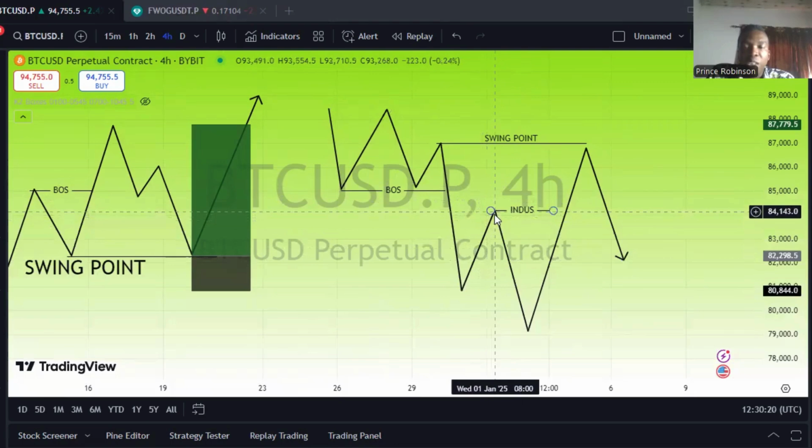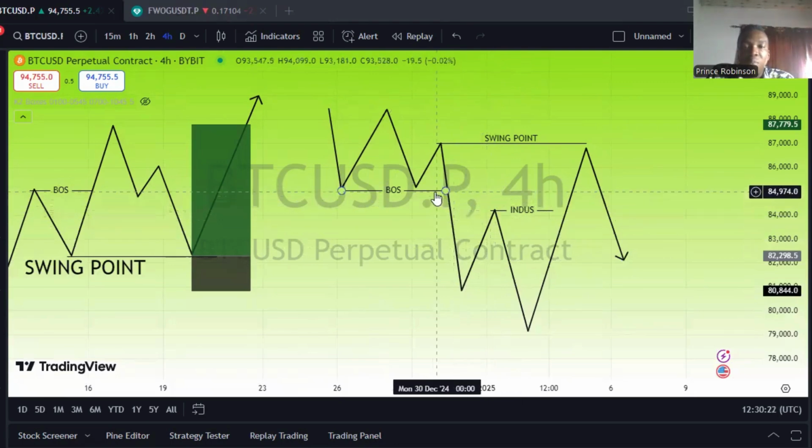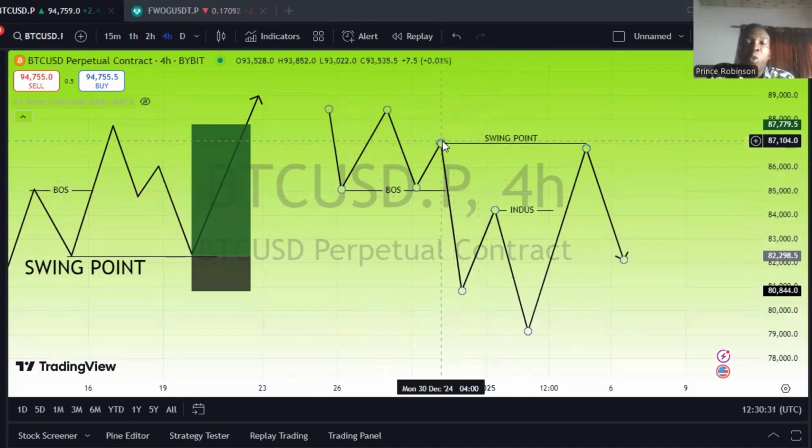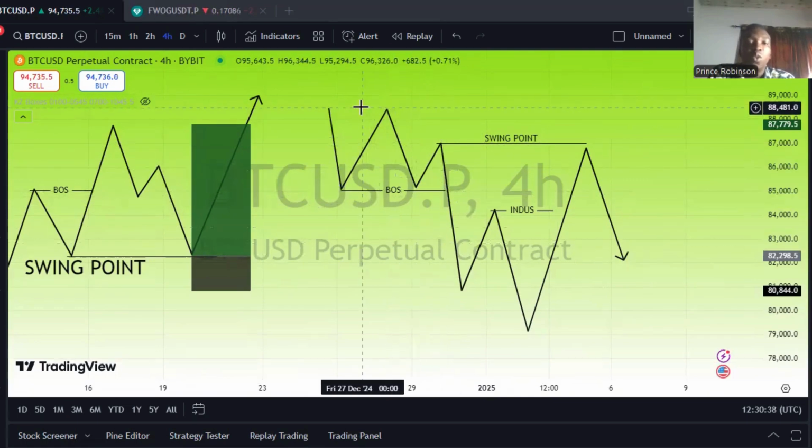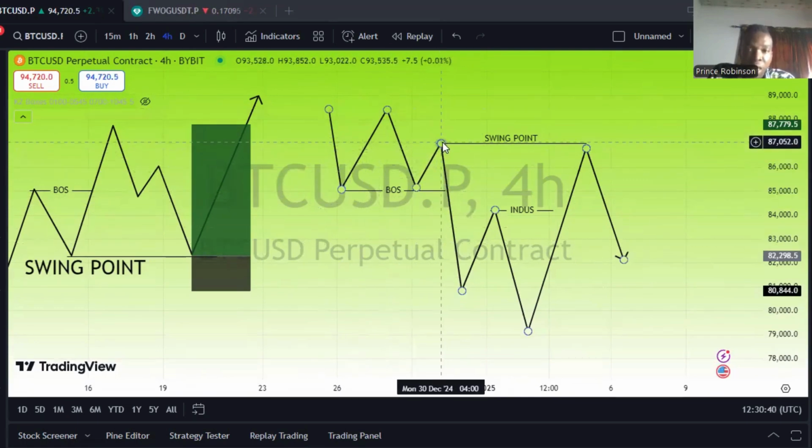And for price to come up to this level without mitigating this support turned resistance makes this swing a high probability setup, because it is this swing that took out this support, not this, not this. It is this swing that took out this support.